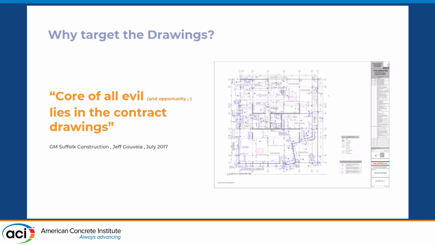So what's the goal? Jeff Gouveia, I think this was in 2017, was the general manager at Suffolk Construction, here in Boston, in the headquarters. And he said the core of all evil, because I present a lot to design teams, just like today here, and opportunities lie in the contract documents.